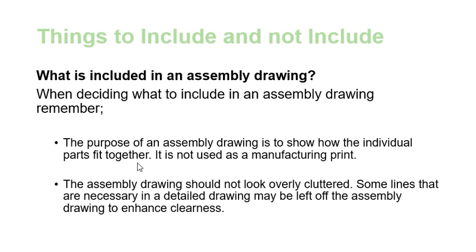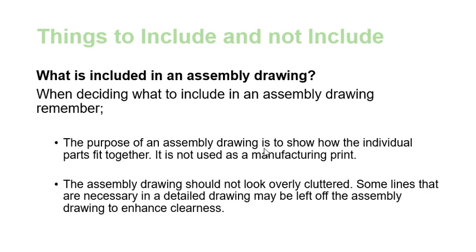So in that drawing, we're not going to put a very cluttered, detailed drawing at all. It has to be very clear and show all the components in the system, and that's all.